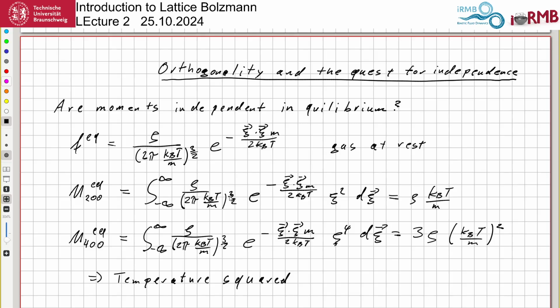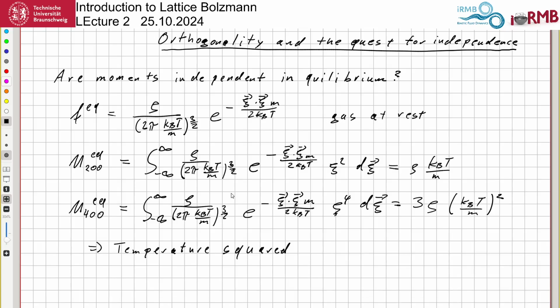So if we look for any new information in this other moment, we first have to get rid somehow of the temperature. Let me just briefly write this down: M200 and M400 carry the same information in equilibrium.